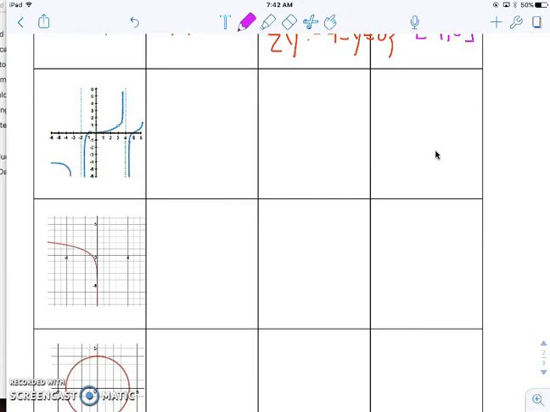So this next one here, our domain. Well, reading it like a book here from left to right, there's values, a little break, values, a break, and then values. So since we're just missing a couple, the easiest way would be to say all reals, except x doesn't equal -2, 3, and 4.